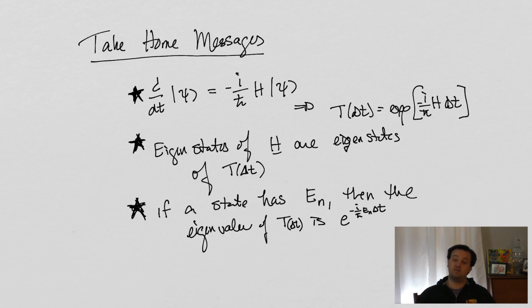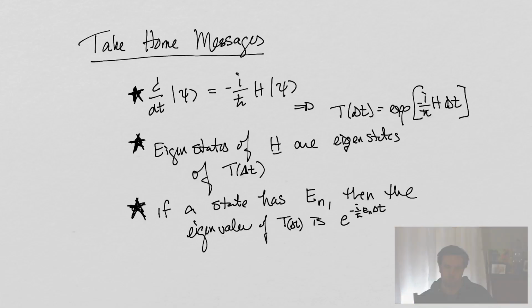And since the time evolution operator and the Hamiltonian commute, the eigenstates of H are the eigenstates of the time evolution operator, right? And if I'm in some energy state with energy E sub n, then the eigenvalue of the time evolution operator for that state is given by e to the minus i over h bar E sub n delta t. That tells me how each one of those states evolves.